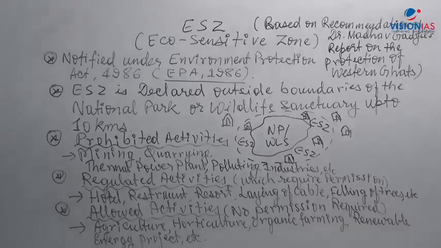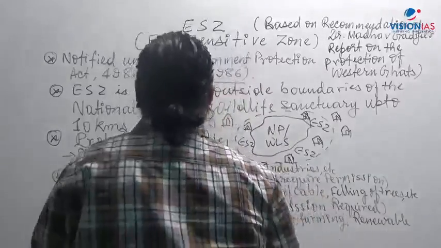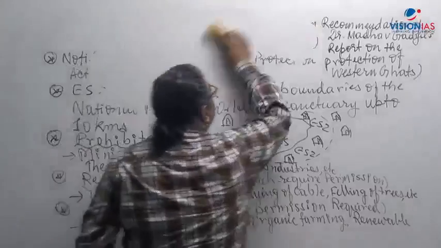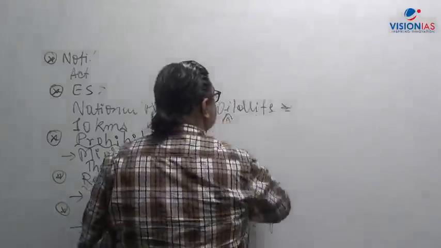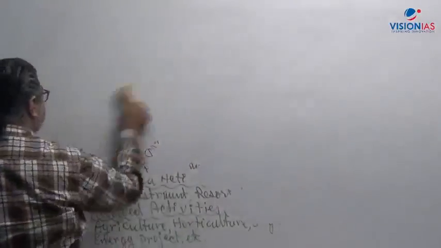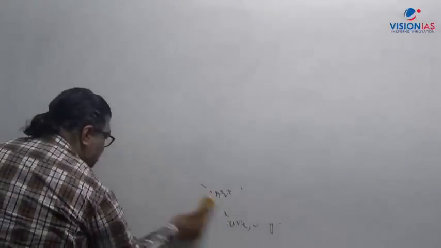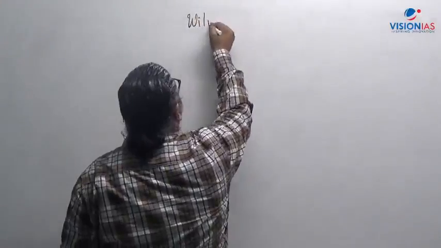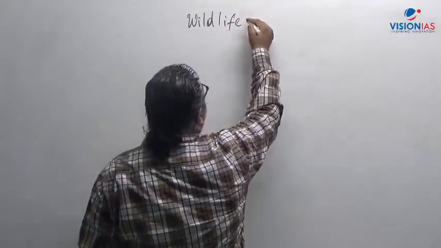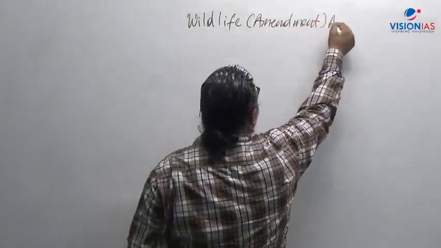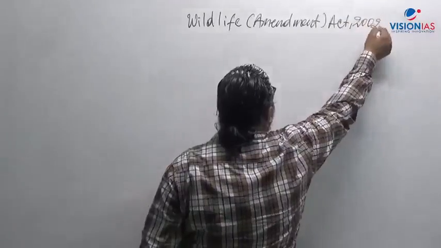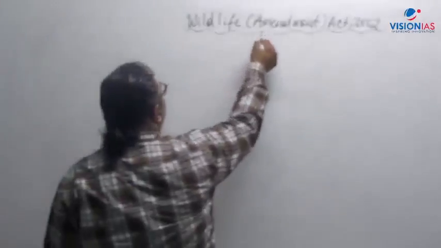All right, so let us now come to this part. This conservation reserve and community reserve is a small area. Let us discuss that. Under the Wildlife Protection Amendment Act of 2002, we have these two areas.